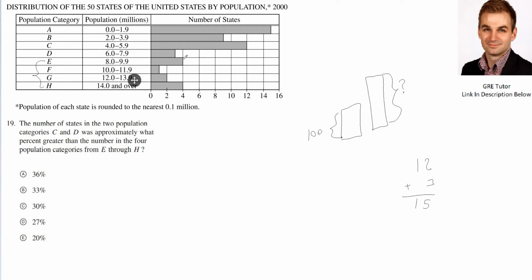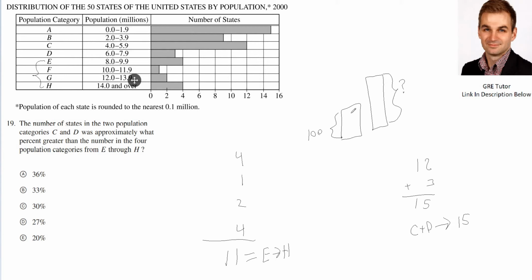So 4 states are in category E, 1 is in category F, G has 2, and H has 4 again. Alright, so let's add these up. 4 plus 1 is 5, plus 2 is 7, 7 plus 4 is 11. So E through H is 11, and C plus D is 15.